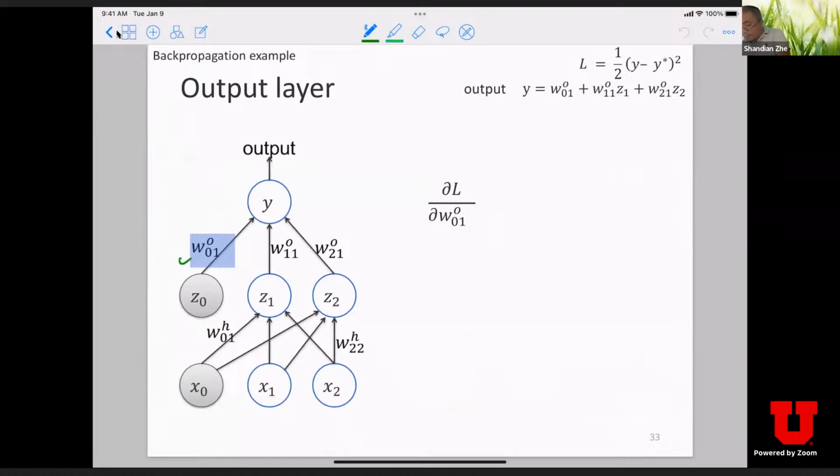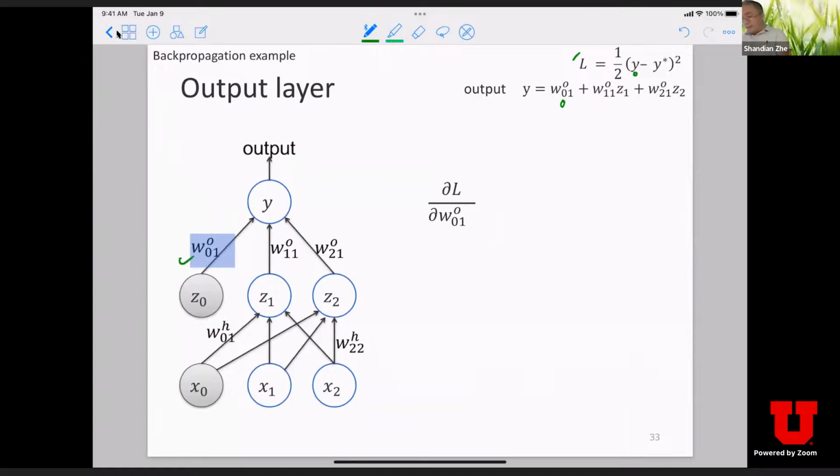Let us start with this guy. If we want to compute partial L, the loss function, with respect to W010, how can we do that? We can apply the chain rule. Remember, L is a function of Y, and Y is a function of W010.